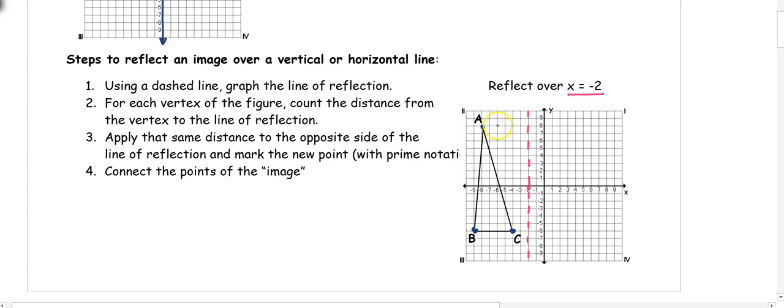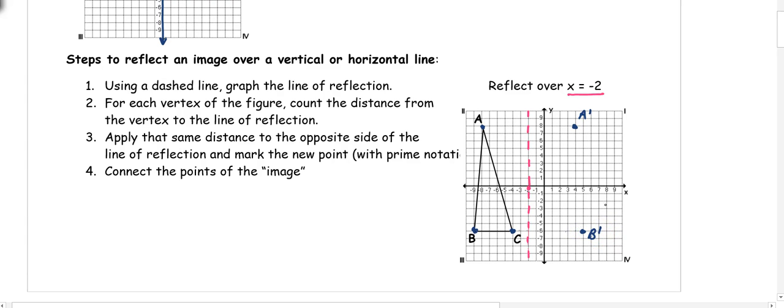A is 1, 2, 3, 4, 5, 6 away from the line of reflection, so I'm going to count 6 the other direction: 1, 2, 3, 4, 5, 6. This is A prime. Then I do the same thing with B. B is 1, 2, 3, 4, 5, 6, 7 away from the line, so I go 7 the other direction.